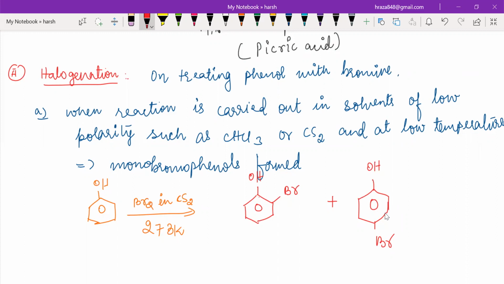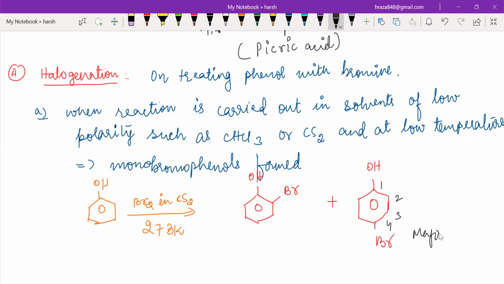So will it be 4-bromophenol? Yes, 4-bromophenol.